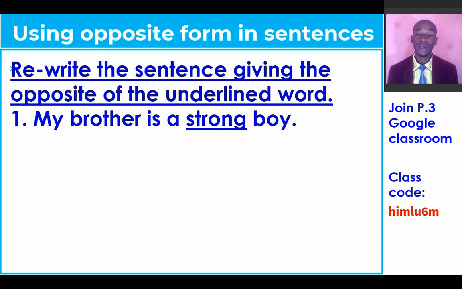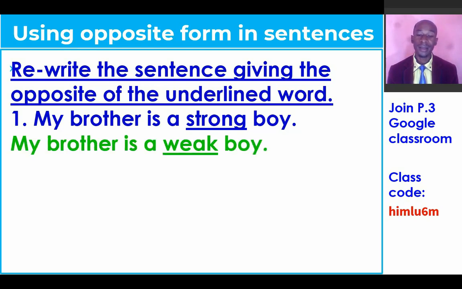And the word strong is underlined. What is the opposite of strong? There we say weak. So we say my brother is a weak boy. Remember, the instructions are saying rewrite. Somewhere we say write giving the opposite, but here rewrite. So meaning you write afresh.